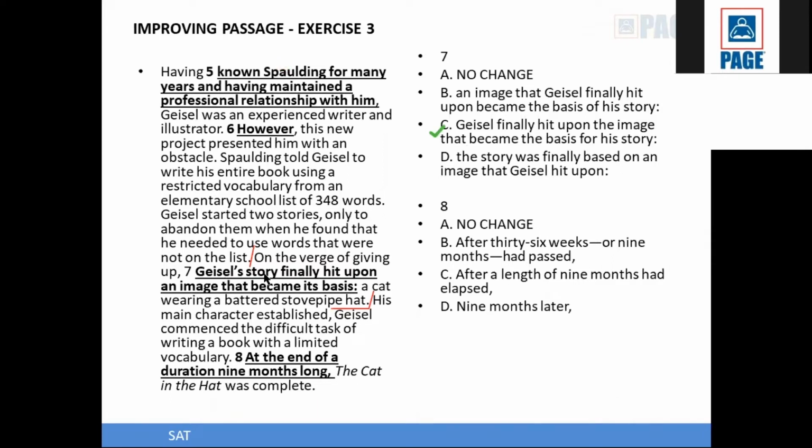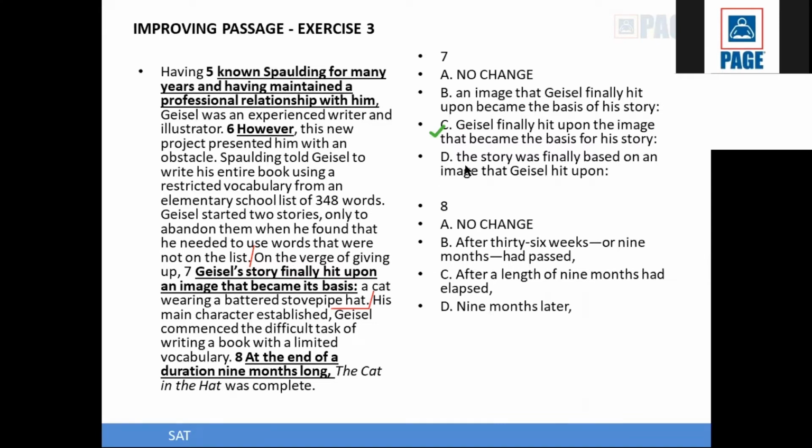Now, Gazel finally hit upon an image that became the basis of a story, on the verge of giving up. Gazel finally hit upon the image that became the basis of the story.